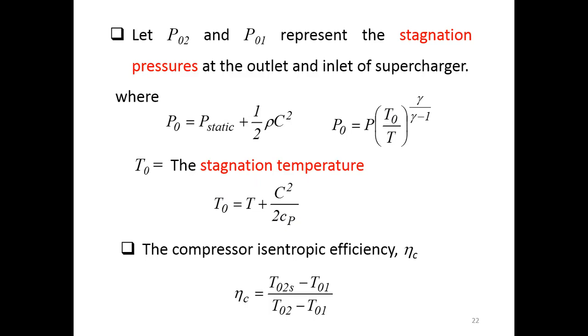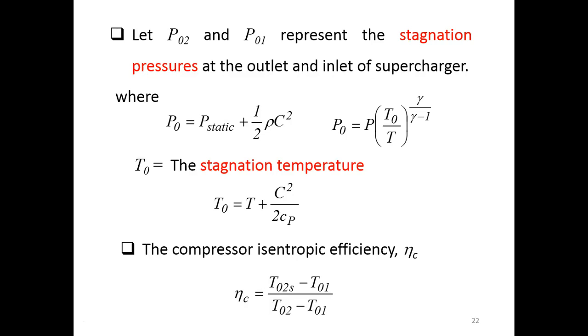Okay, how about the compressor isentropic efficiency? I think everybody should be familiar with this term. It is defined as what? T02s, the temperature under isentropic conditions, minus T01, divided by T02, which is the actual condition after being compressed in the superchargers, minus T01, which is the actual condition of the air before flowing into the supercharger.